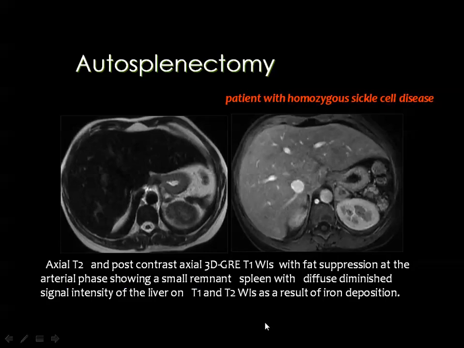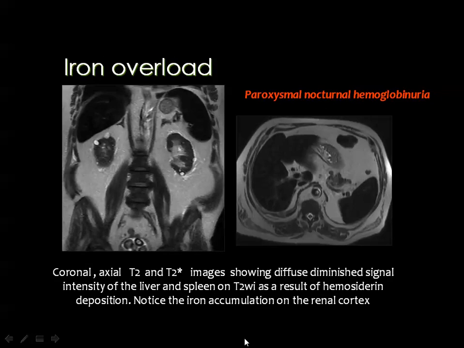Then if you see that the liver is more dark than the muscle, you know that this is hemosiderosis or hemochromatosis. And in this case, you hardly see the spleen, which is very small, in a case of sickle cell anemia with autosplenectomy.